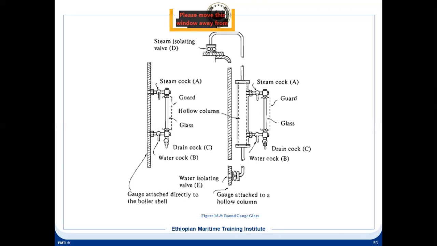If you need to tighten your glass, that can also be carried out. So that is the advantage of the design on the right hand side, wherein the gauge glass is kept a little further away from the body of the boiler using piping and this hollow column.